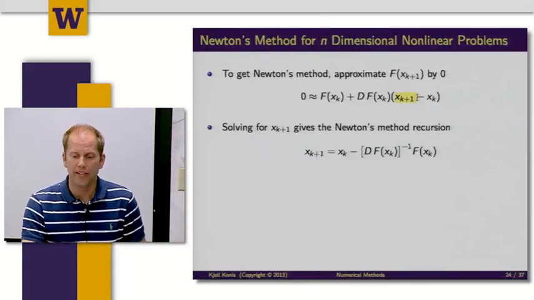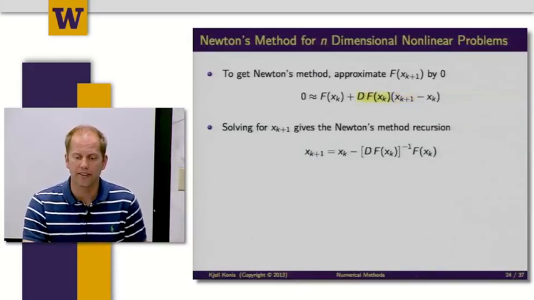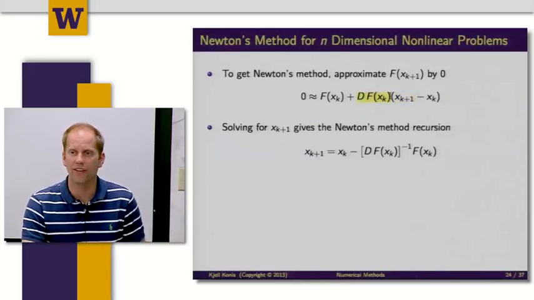And so it ends up being a little bit more complicated this time, because this is a matrix now. I can't just divide by the matrix. But if it's non-singular, I can multiply by its inverse. So that's going to put the inverse of the matrix in front of this term. So if I move this to the other side of the equal sign, it becomes negative. And then I multiply it by the inverse, and that gets me just this guy.